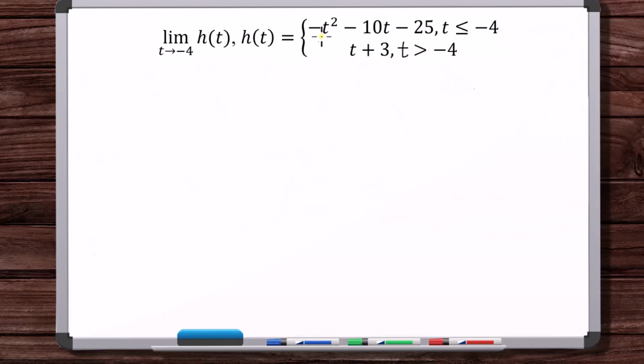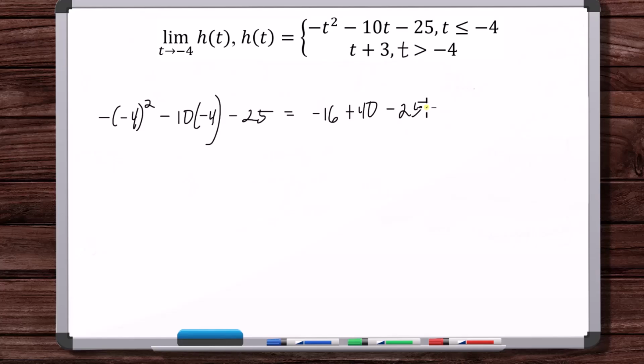So let's plug in minus 4 into this parabola here first and see what we get. So minus 16 plus 40 minus 25 is minus 16 plus 15, which is minus 1.